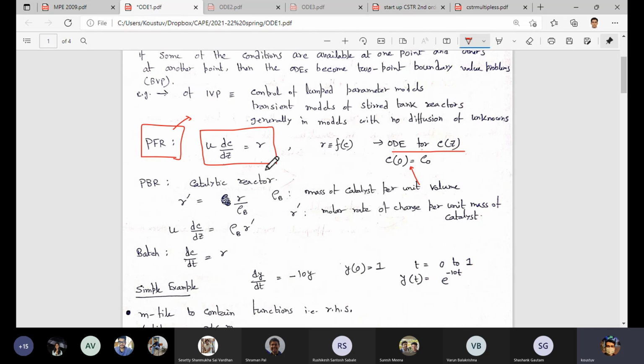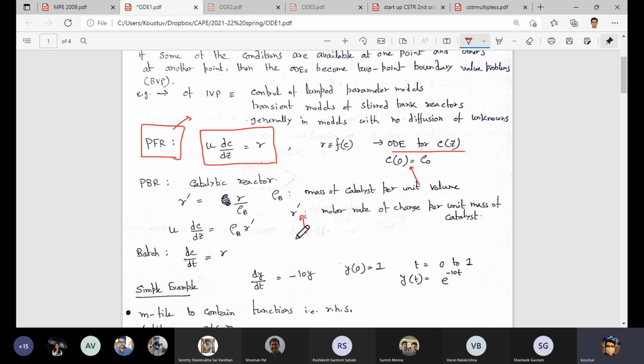Or if it is a catalytic reactor, then it is per unit mass of the catalyst. Usually we find the rate as R equal to KCA, the first order, or KCACB. So in case of heterogeneous or catalytic reactions, these rate expressions are different.